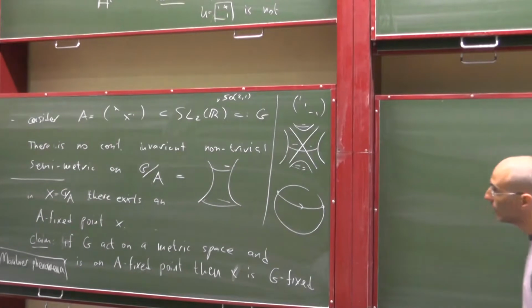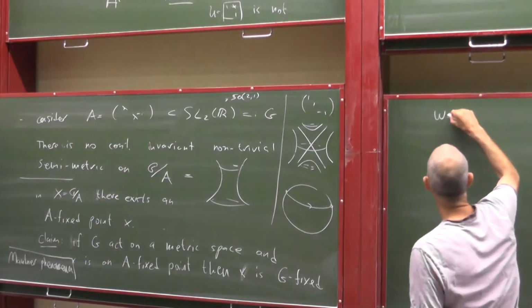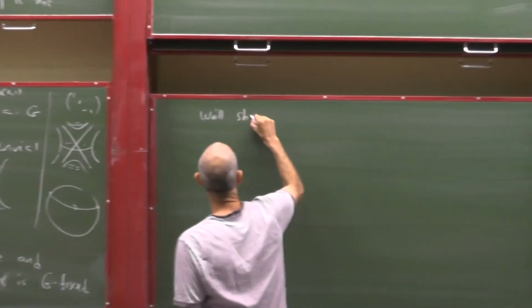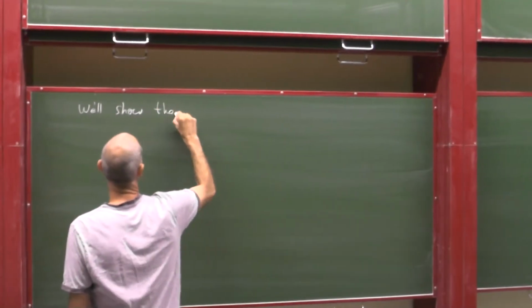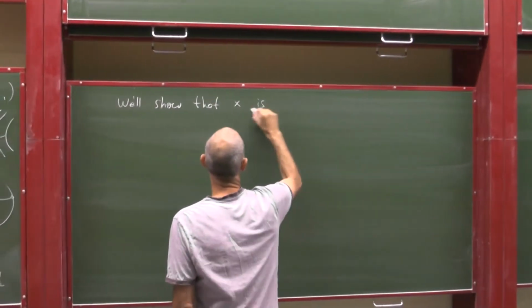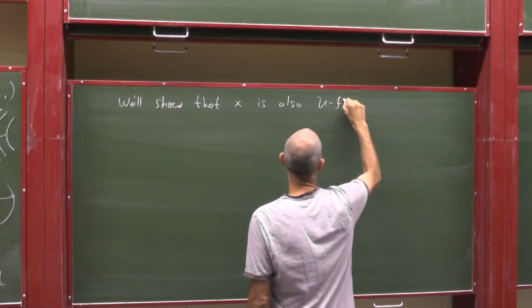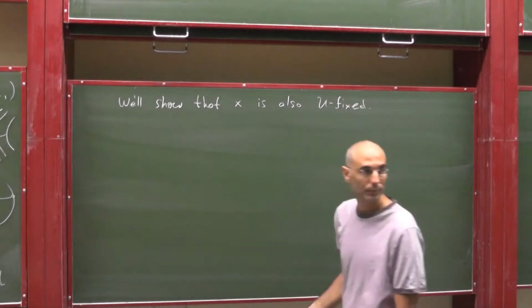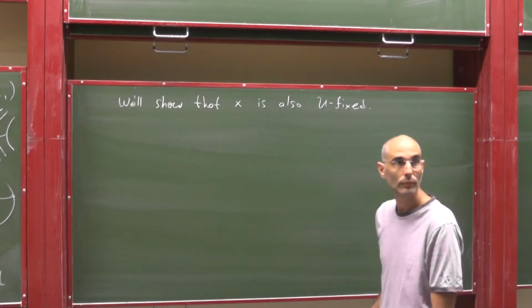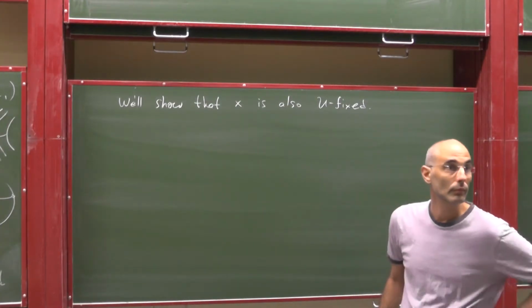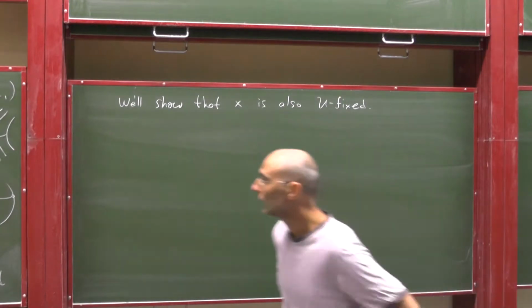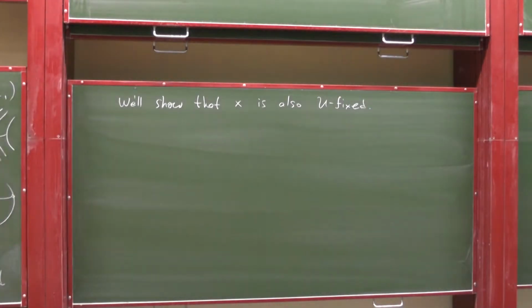Let's prove that claim. So we'll show that this X is also U fixed. No, but this claim, G, you mean this SL2 of R? Yeah, yes. This is in the context of our discussion. I'm sorry, this is SL2, and this is G mod A. I'm being very specific here.